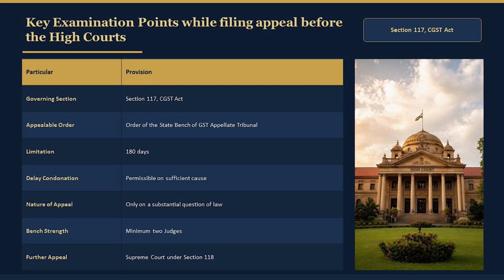Yes, I will do. The provision governing appeal before the High Court is section 117 of the CGST Act 2017. The orders which are appealable before the High Court are the orders of the state bench of the GSTAT. The period within which an appeal should be filed is 180 days from the date of receipt of the GSTAT's order, which is condonable when sufficient cause is established.